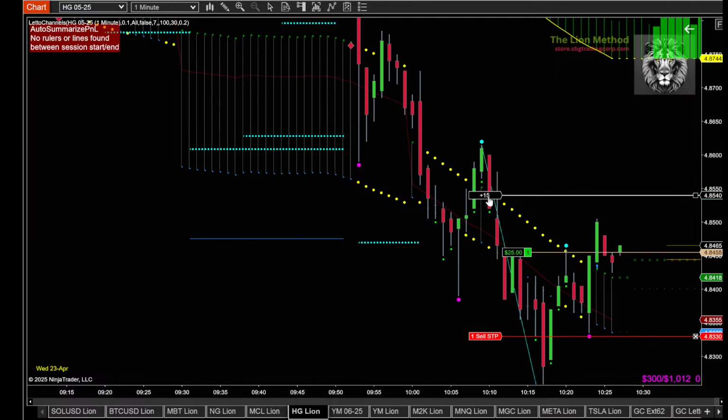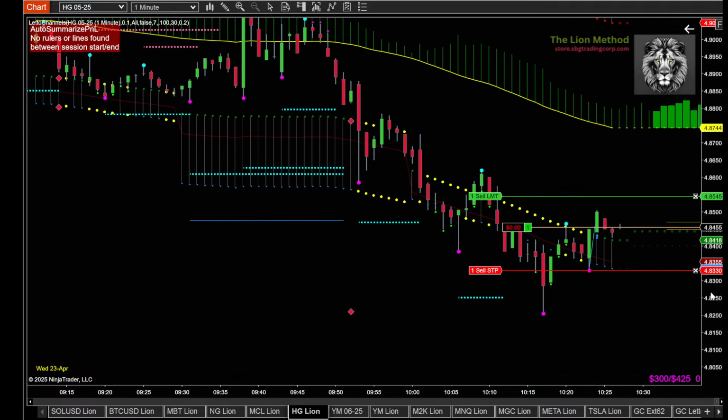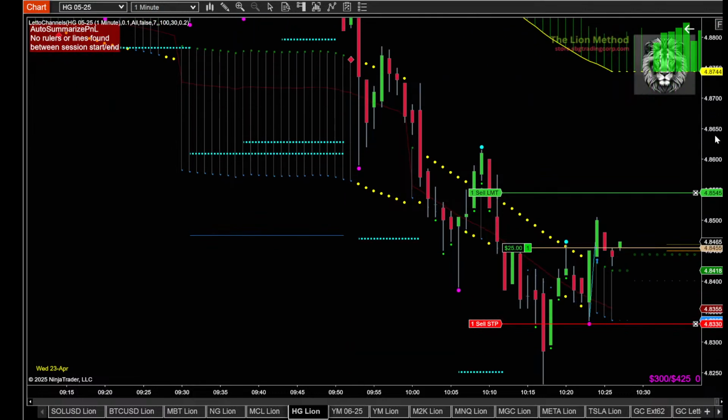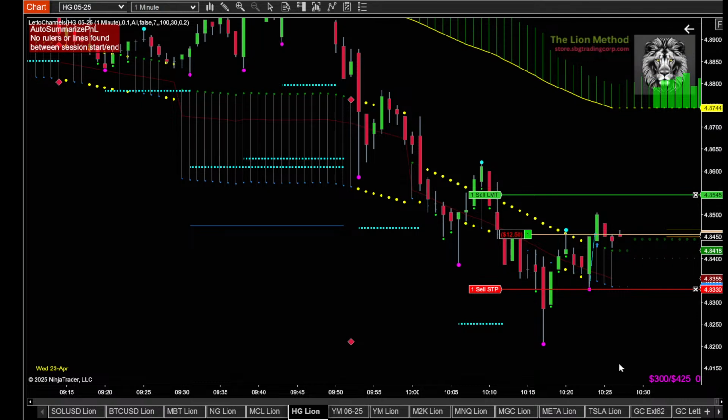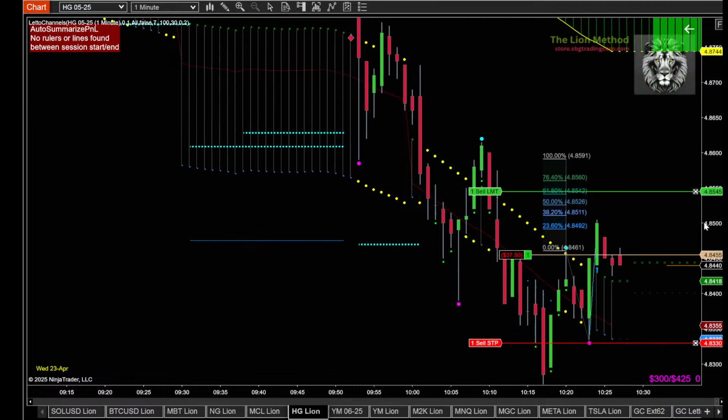Why didn't it draw a level? I don't know why it didn't draw a level. Okay, well, let's try this. Okay, that is 61.8 right there.